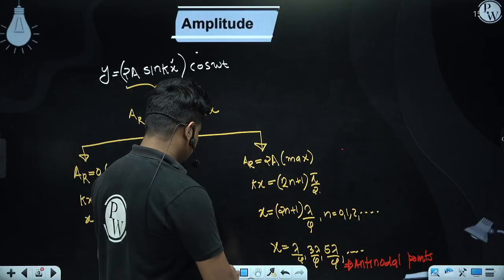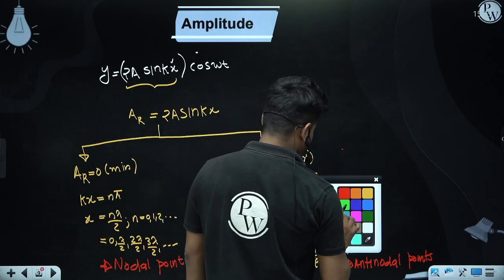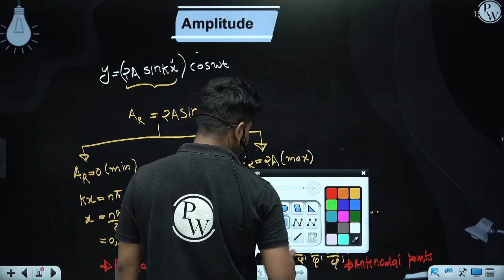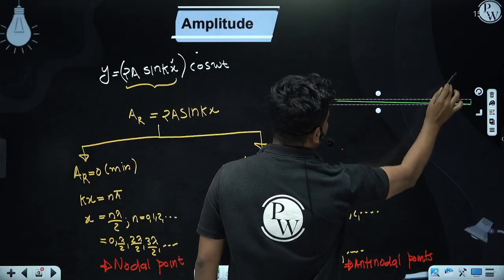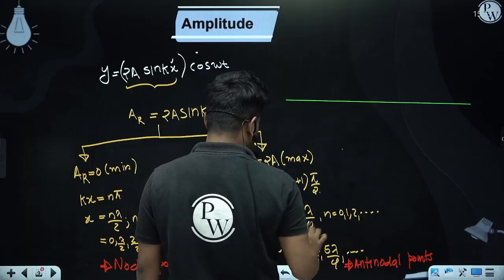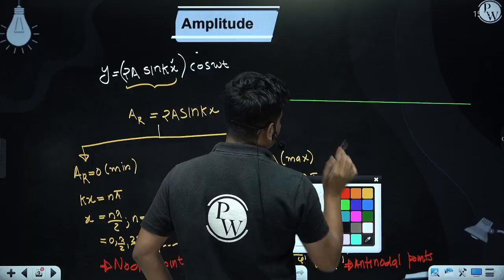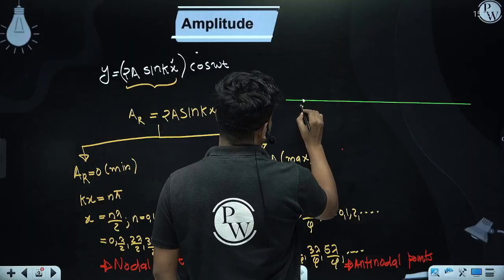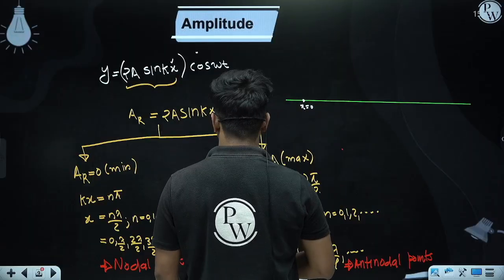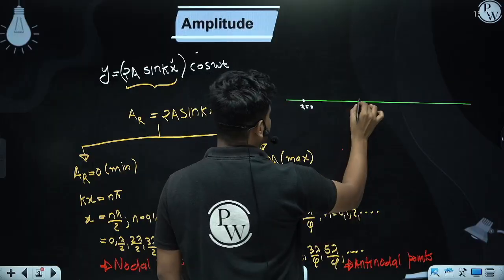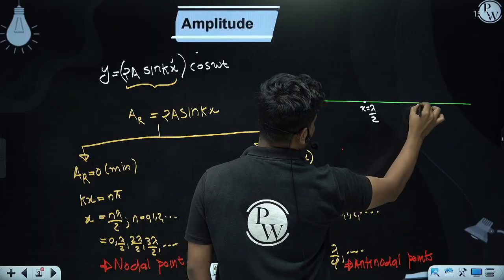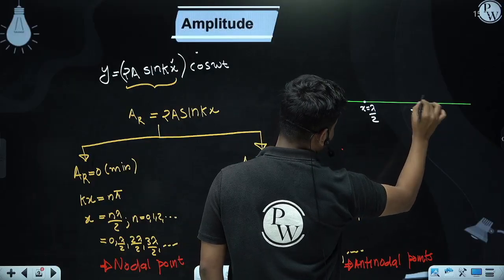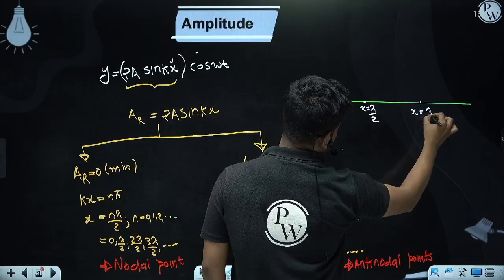So let's draw that graph, so that we can understand it very well. If this is our line, then this is x equal to 0. It's a nodal point. The next nodal point is at lambda by 2. The next nodal point is x equal to 2 lambda by 2, that is lambda.